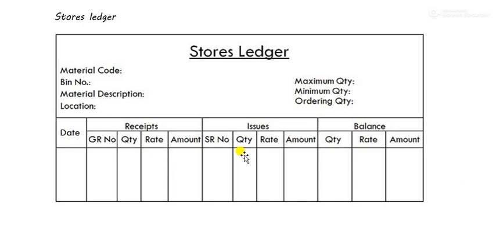I sold 50 units at, say, 100 rupees. This is not logical, but please just suppose I sold 50 units for 100 rupees, so amount 5,000. Now the balance left will be 50 units, 100 rupees and 5,000. The rate will remain the same because the rate is 100 rupees per unit. The quantity and amount will change.